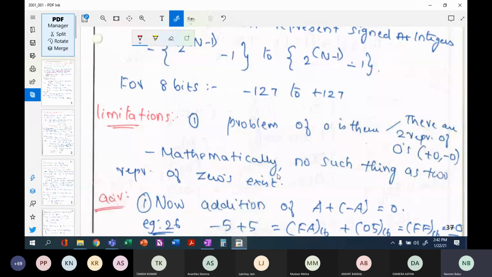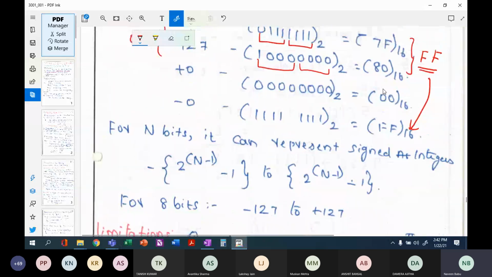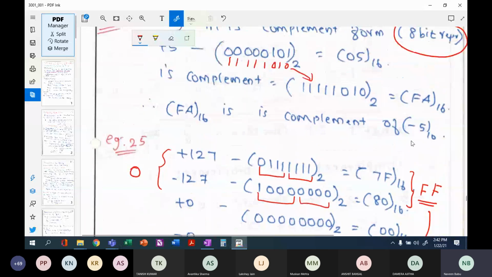Mathematically, nothing of that particular sort exists. But if you add, you are getting 0. You add plus a and minus a, you will get 0. You add minus 5 and plus 5. Minus 5, we have already just saw that it is equivalent to how much? FA. So let us add here. Minus 5 is equivalent to FA and plus 5 is equivalent to 05.